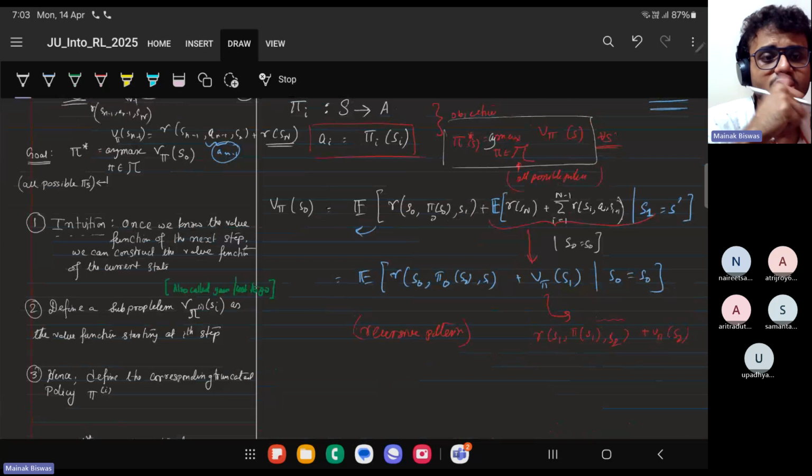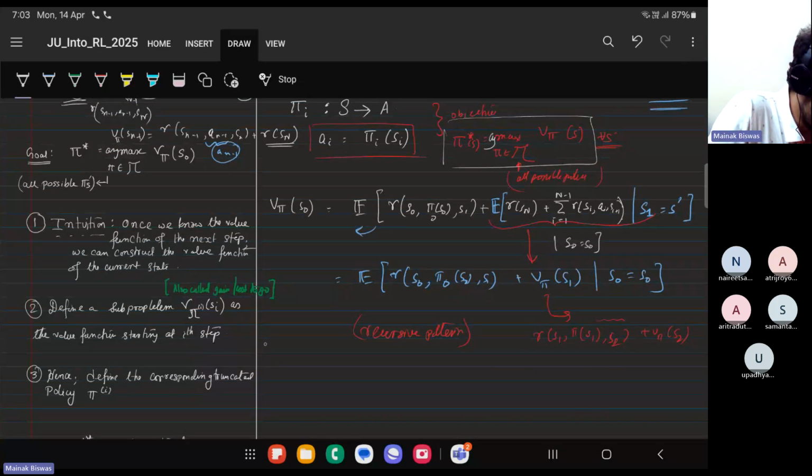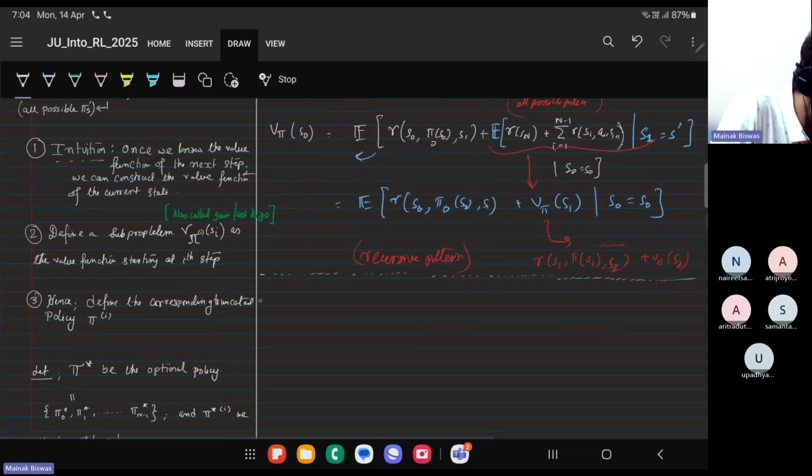So for recursion, what do we have to first define? Or for dynamic programming, what do you have to first define? The intuition, again, I've written: once we know the value function of the next step, we can construct the value function of the current step. Tell me. First, we have to define a subproblem.